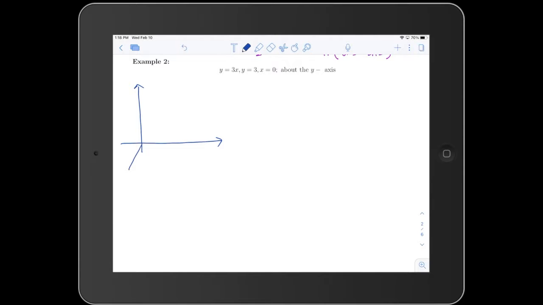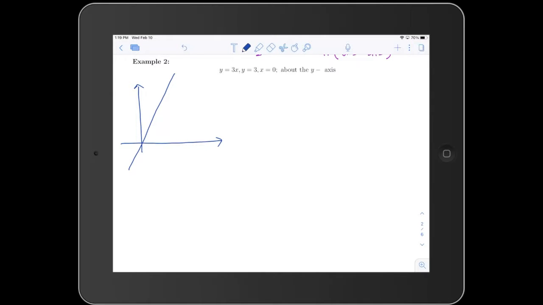It's a straight line that goes through the origin, slope 3. And y is equal to 3, so that's a horizontal line. And x is equal to 0. So we are rotating this triangle also about the y-axis.